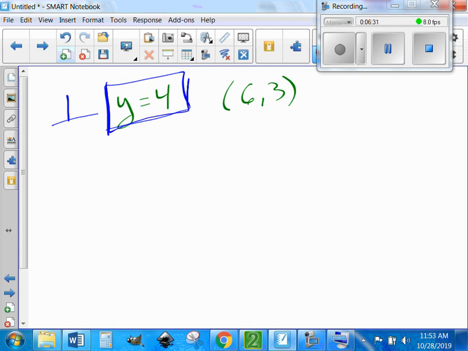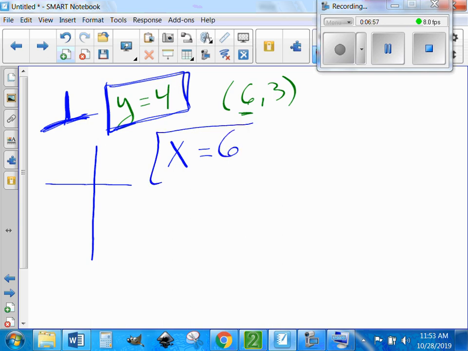Simply put, if you're perpendicular, you're changing the variable. So if we're perpendicular to y equals 4, a horizontal line, perpendicular is now going to change to an x line. So our equation, if perpendicular to y, is now x. Then you look at the point to see what x you go through. We go through 6. So our equation is simply x equals 6.